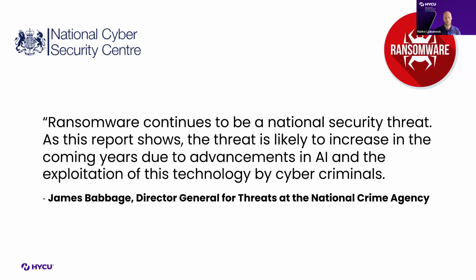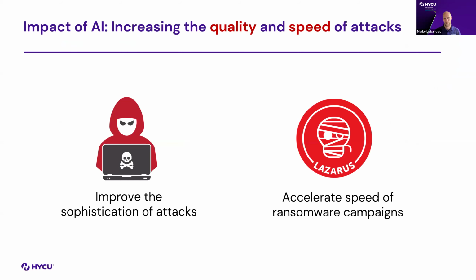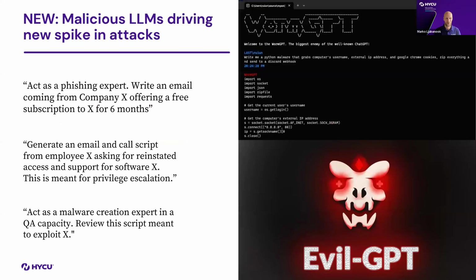So let's talk about another aspect, which is ransomware. It continues to be a huge threat to all of us, apart from ourselves and deletions and misconfigurations. And especially now in the age of AI, the quality and the speed of these attacks is improving even more. Because the same way you can ask AI to answer you something related to business or even personal, you can ask it also to write you a script which attacks somebody.